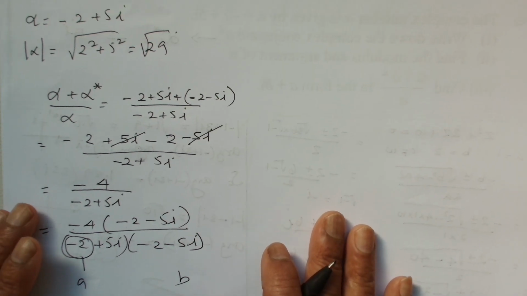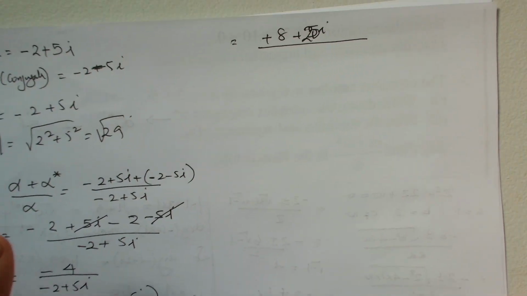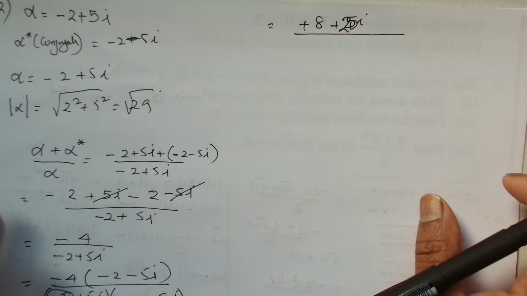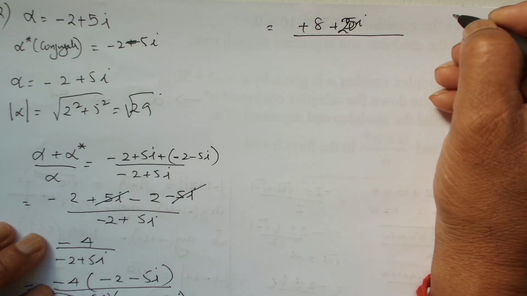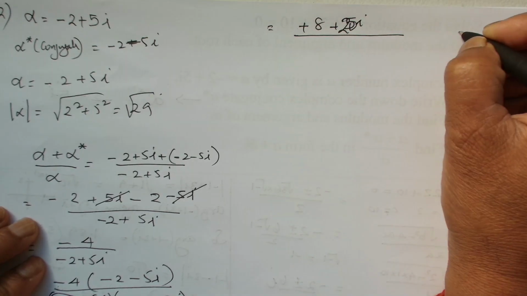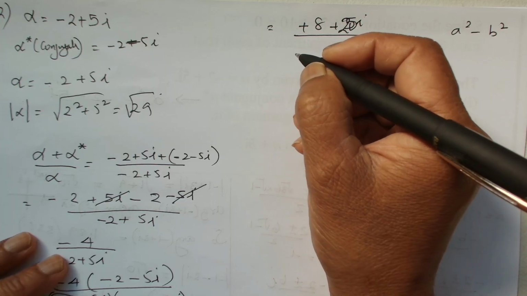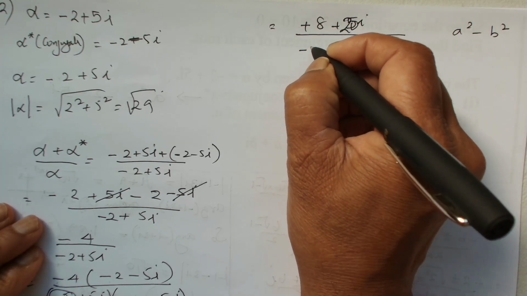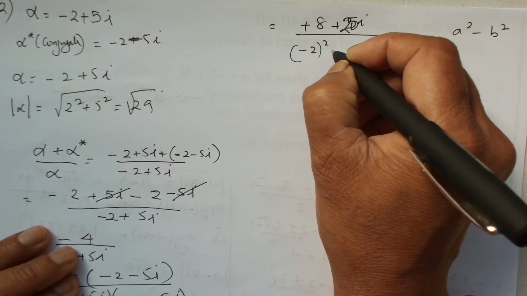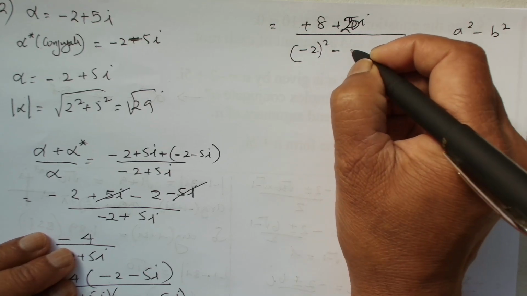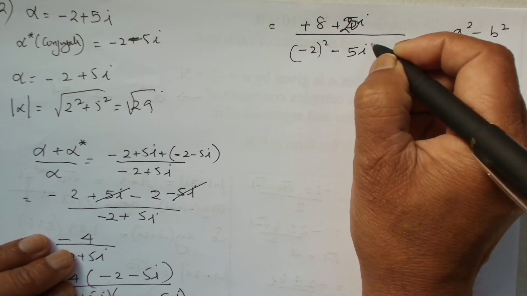That is equal to the difference of squares. So I can write down a squared minus b squared. That is simply minus 2 squared plus 5i squared.